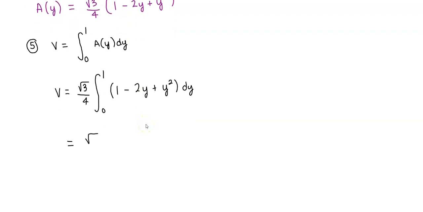So we have the square root of 3 over 4 times y minus, that 2 over 2 becomes 1, so this is y squared plus 1 over 3 y cubed, and then we're evaluating it from 0 to 1.